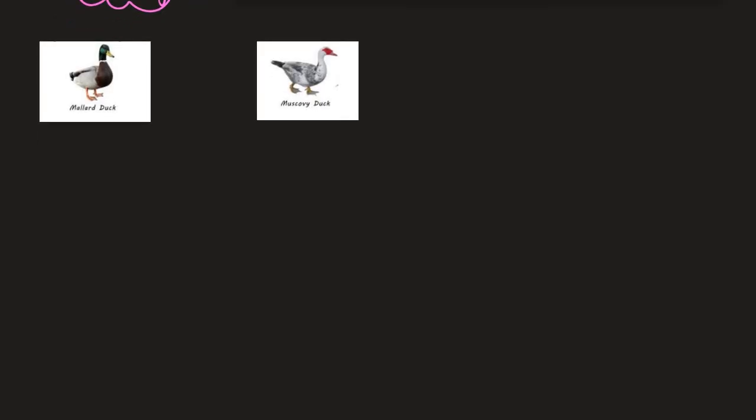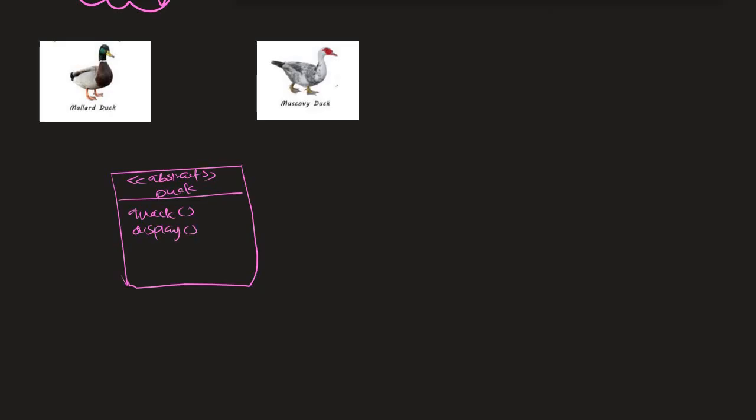So what are you going to do? You'll have a duck class, an abstract duck class. And what are the methods in that duck class? It's basically quack, because I said that the ducks are able to quack, and display to show which type of duck it is.